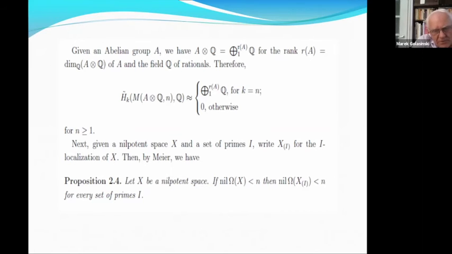So from this it follows that if the nilpotency of the localization is infinite, then the nilpotency of omega X, from which we start, is infinite.